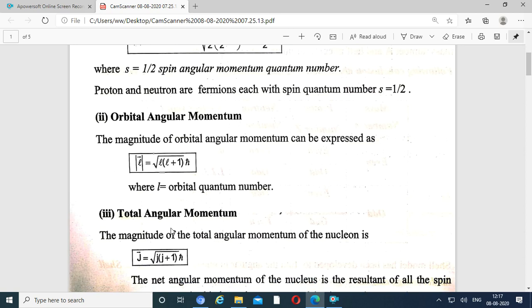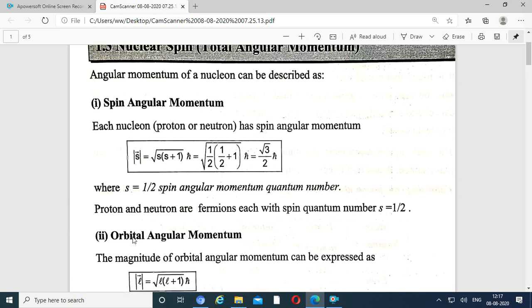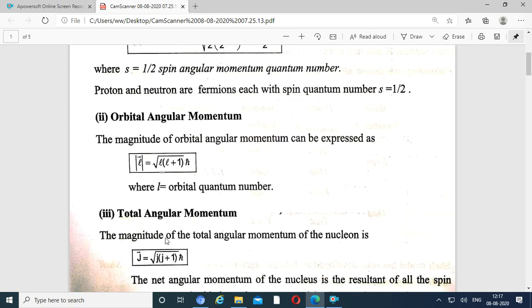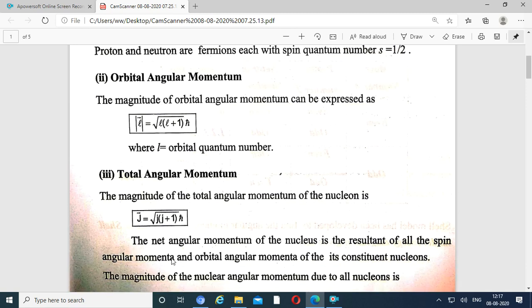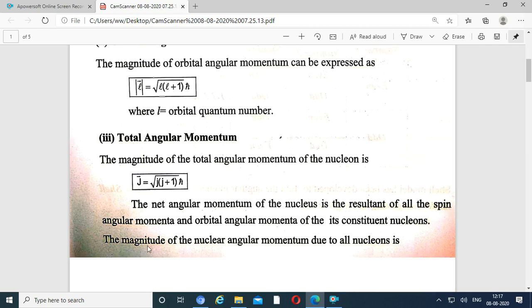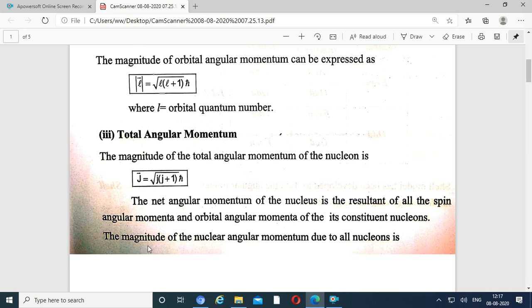So the total angular momentum is the sum of spin angular momentum and orbital angular momentum, which can be written as: the magnitude of the total angular momentum of the nucleon is J equals √(j(j+1)) ħ. The net angular momentum of the nucleus is the resultant of all the spin angular momenta and orbital angular momenta of its constituent nucleons.